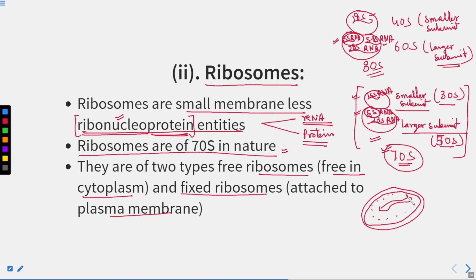So ribosomes in the bacterial cell are of two types, free ribosomes and fixed ribosomes, right? This is very, very important.